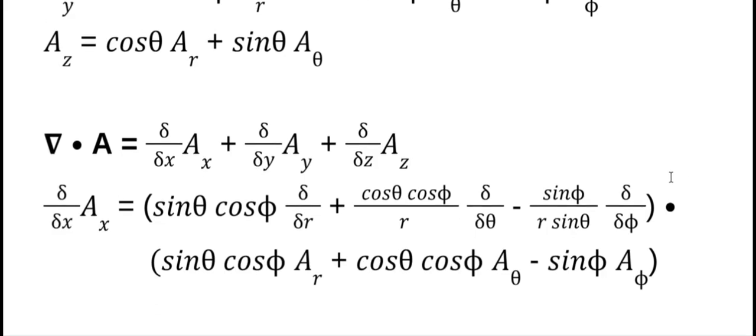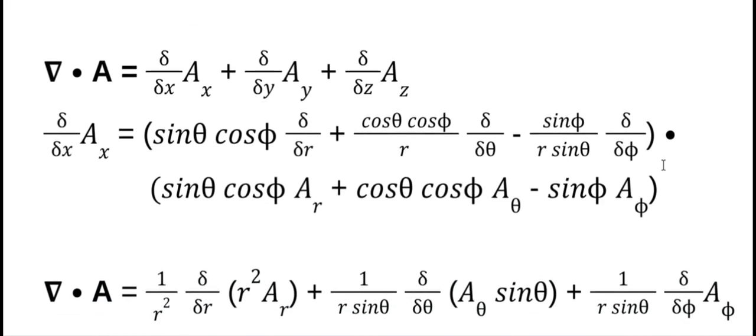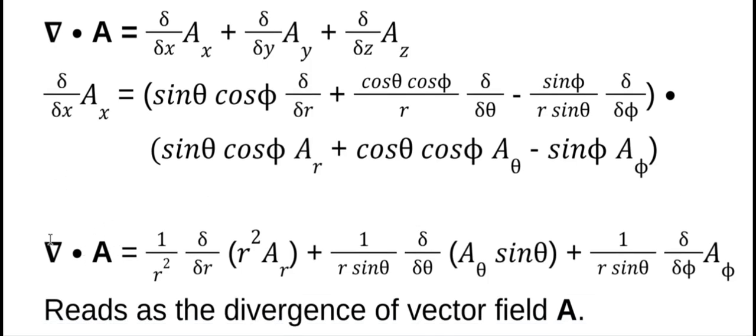We simplify it. And we get this. So finally, this reads as the divergence of the vector field A in the spherical coordinates. Okay? So now that we have this, we can do our first problem.